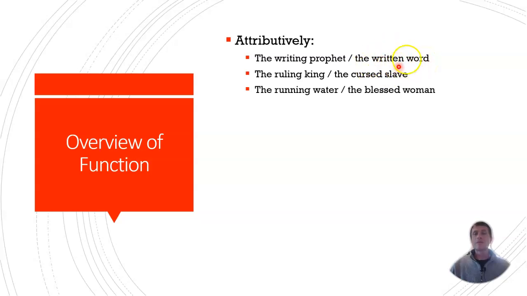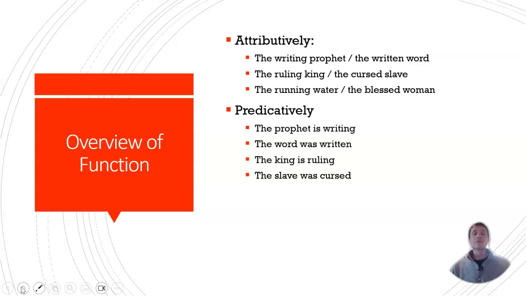Here the past participle written is being used like an adjective. Or the ruling king. Ruling is a participle functioning like an adjective. Or the cursed slave, cursed being a past participle functioning like an adjective. Or the running water, or the blessed woman. So those are some examples of an attributive use of the participle.